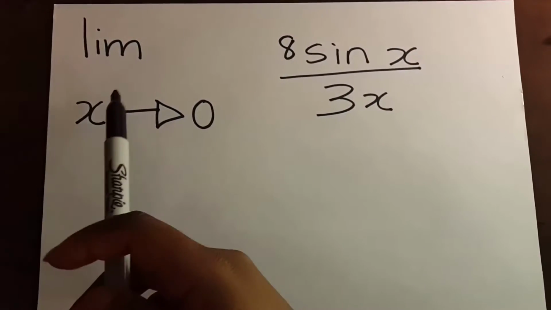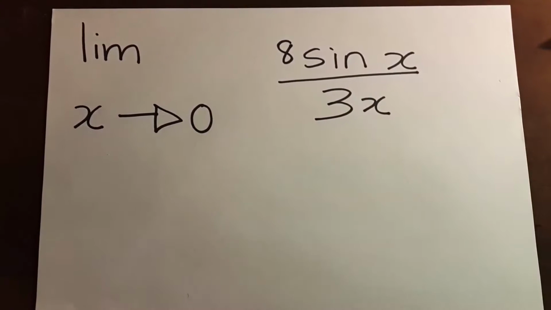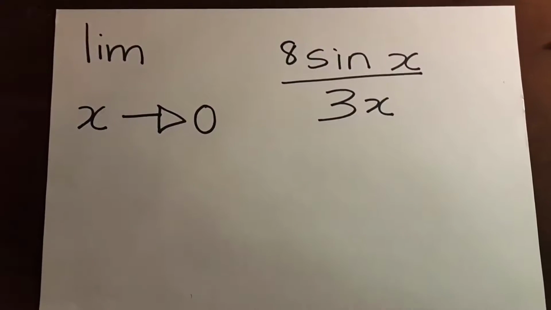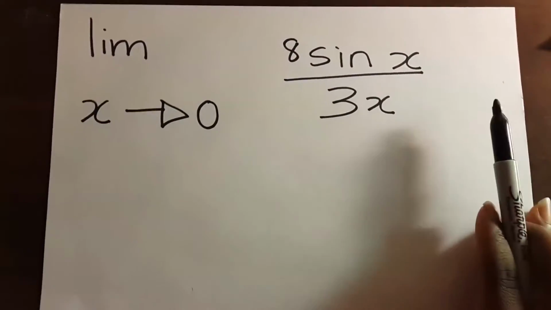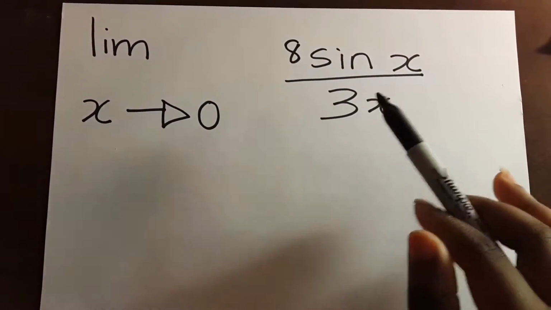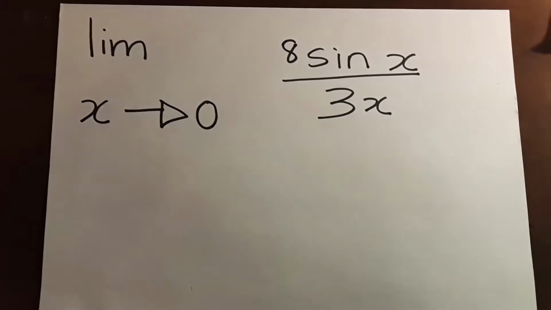The question is, find the limit as x approaches 0 of 8 sine x over 3x. The thing you have to notice here is that if you plug in 0, the denominator will be 0, and it will just give you an error in the calculator.